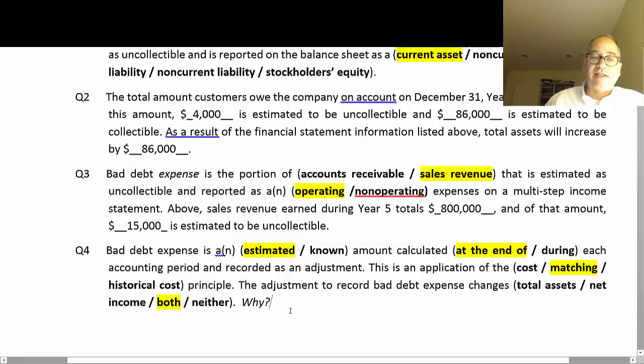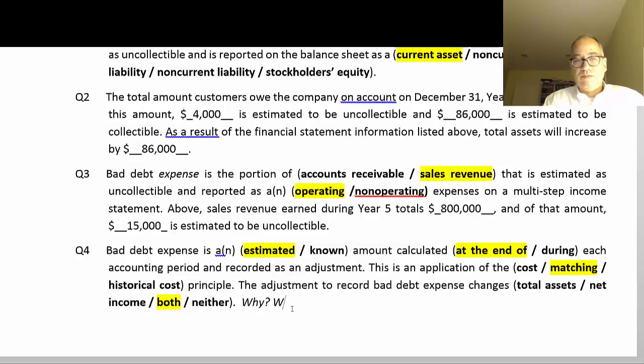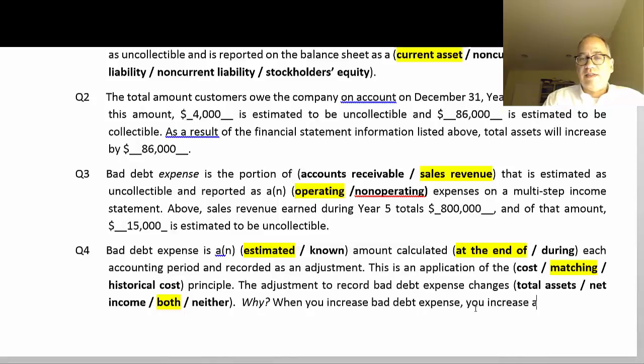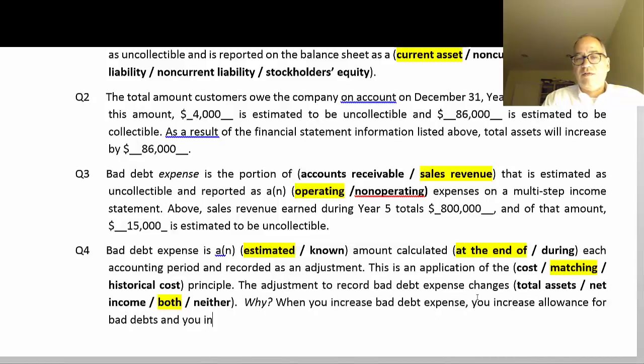Because what happens with total assets is, when you adjust bad debt expense, I get it right here, when you increase bad debt expense, you increase allowance for bad debts, which lowers total assets, and you increase bad debt expense itself, which lowers net income.